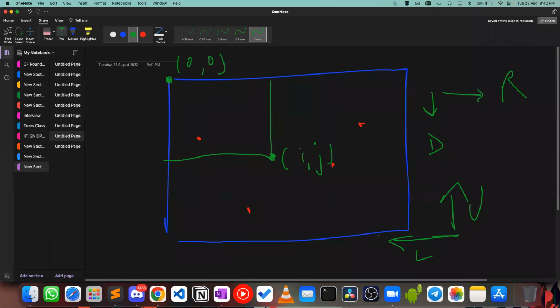Going from 0, 0 to i, j, or going from i, j to 0, 0. So 0, 0 won't be the bottom right corner. Sorry, I'm not able to understand what you're saying. Like 0, 0 will not be the bottom right corner. That's correct. I'm asking, why is it not the bottom right corner?